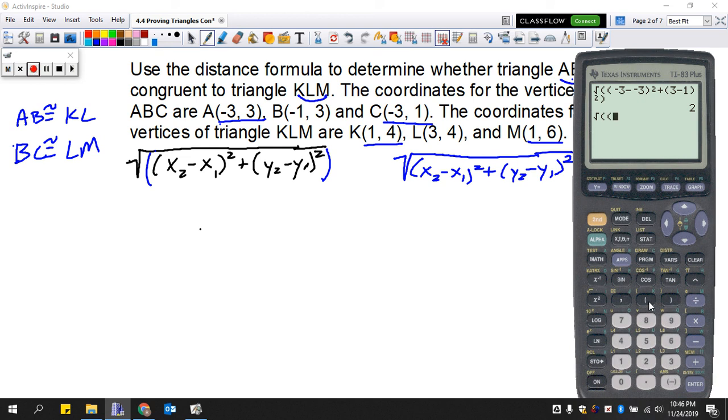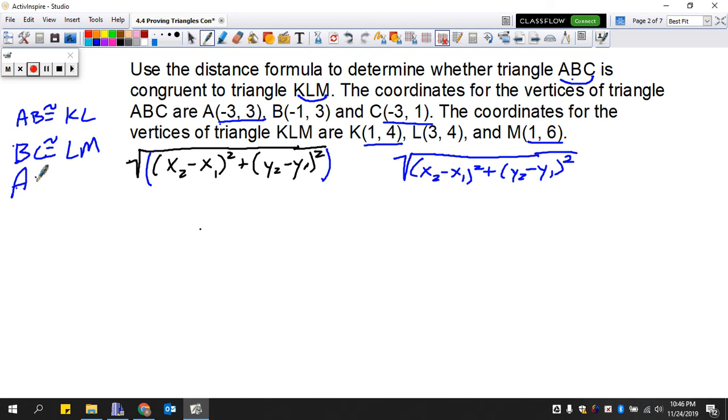Right, K is 1 minus 1, close, square it, plus parentheses 4 minus 6, close parentheses, and square it, and then close the square root and hit enter, and we see that the length of that side is 2 as well. So AC is congruent to KM. All right.